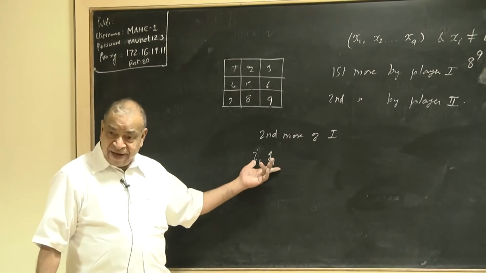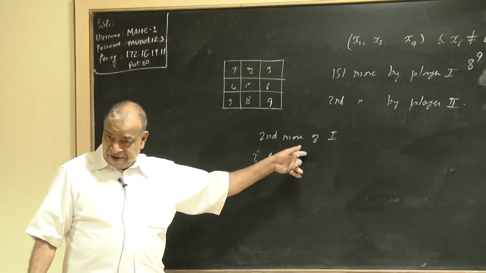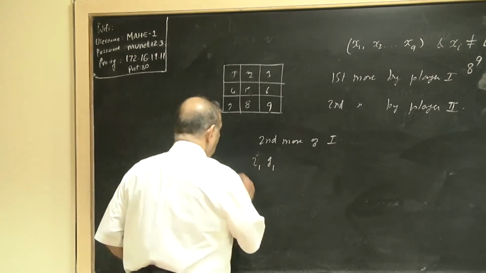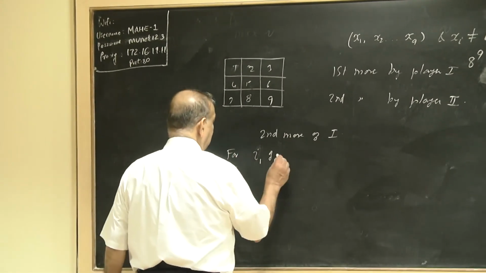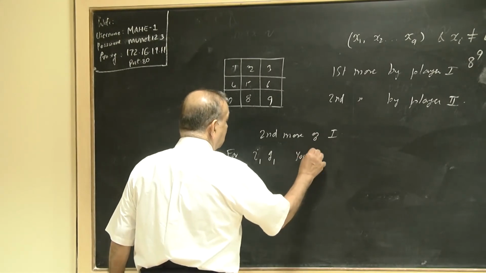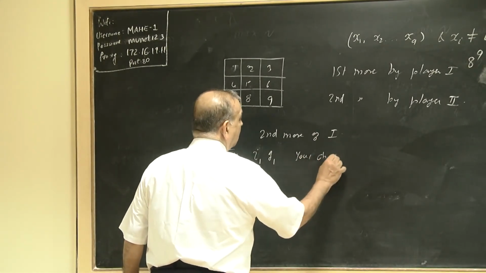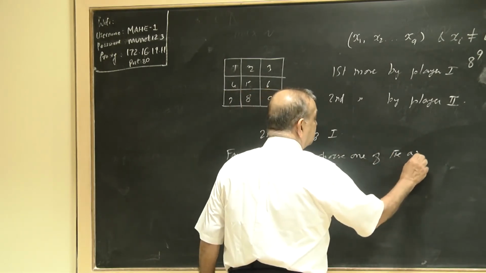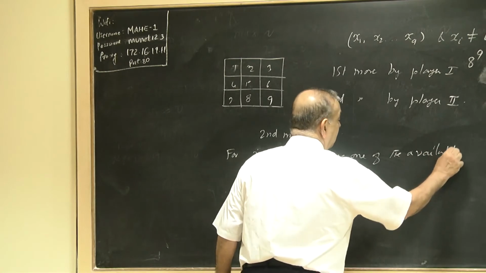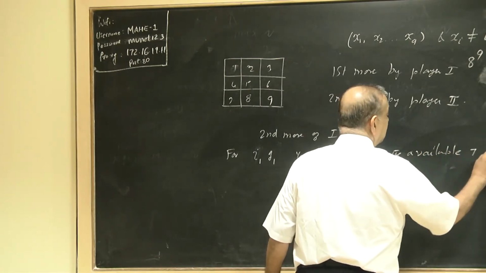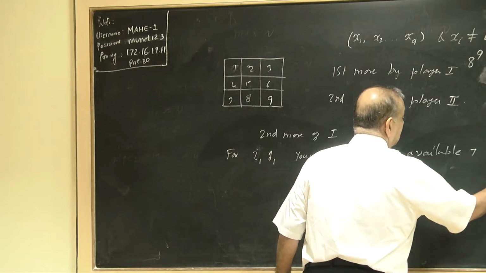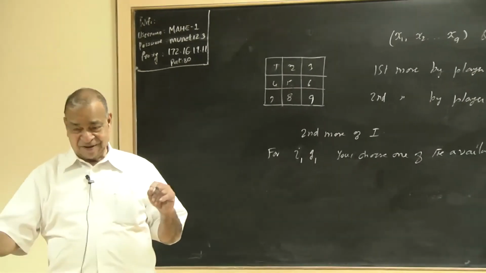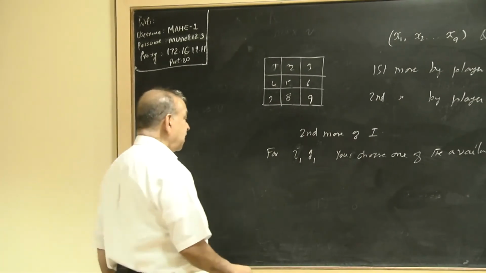For that pair, you must choose a number which is one of the 7 numbers. For I1, J1, you choose one of the available 7 numbers. You have to fix it for each one of them. Agreed?